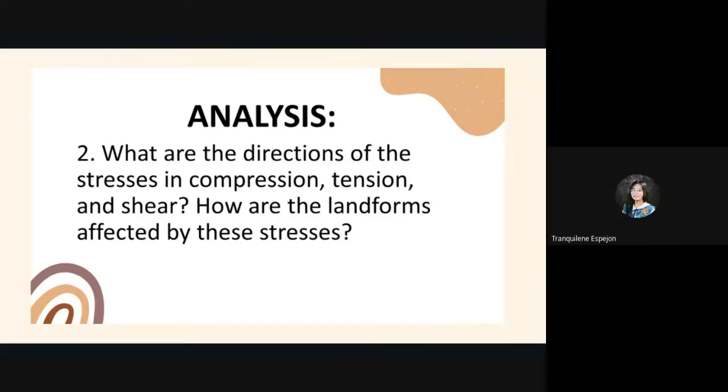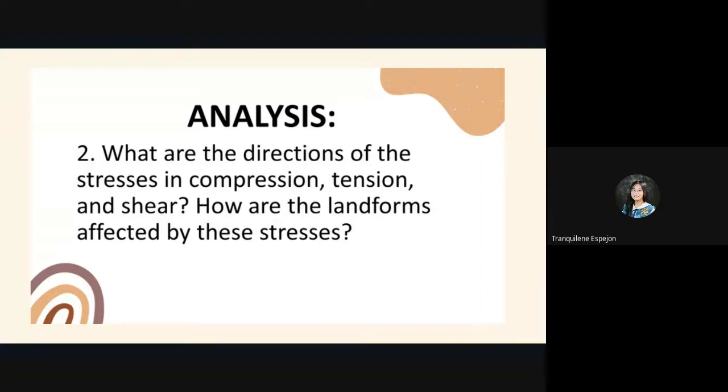So the directions of the different stresses, let's start first with compression. In compressional stress, the direction of the plates is towards each other, and because of that, most likely it could form a mountain.